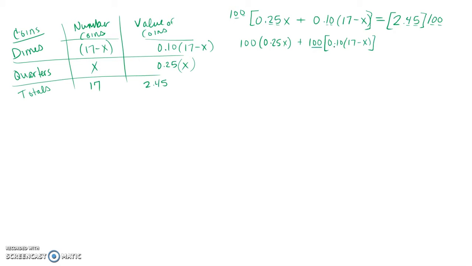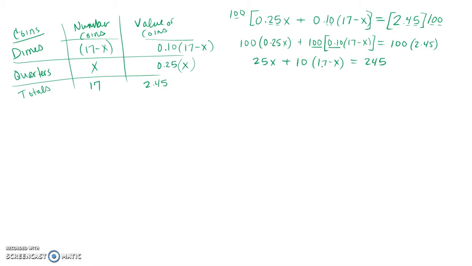Remember, we are only multiplying that front number, not the number inside of our parentheses. And then equals 100 times 2.45. So we'll end up with 25x plus 10 times the quantity of 17 minus x equals 245.